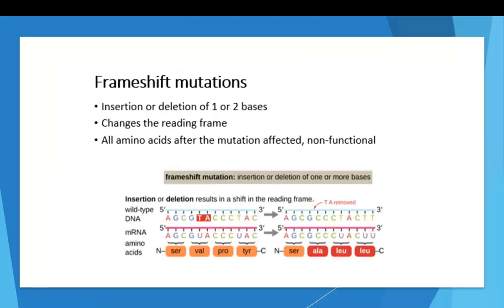We have frameshift mutations. This is when one or two nucleotides are inserted or deleted from our DNA, which can cause changes at the messenger RNA level, and then changes at the protein level. A frameshift mutation is caused by insertion or deletion of one or two nucleotides, and you have to make sure that it's not a multiple of three.